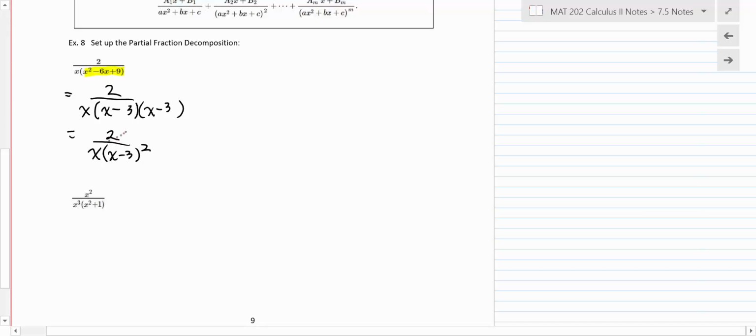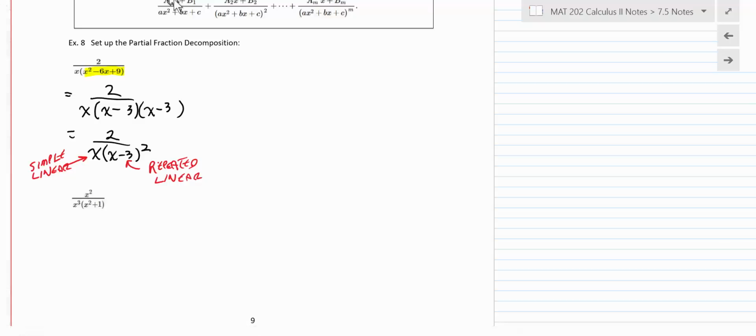So let's see if we remember the terminology or not. What kind of factor do we call x? That's a simple linear. There's a certain way you set that up. How about the next one? That's what we call a repeated linear factor. So when you set this up, it goes like this.